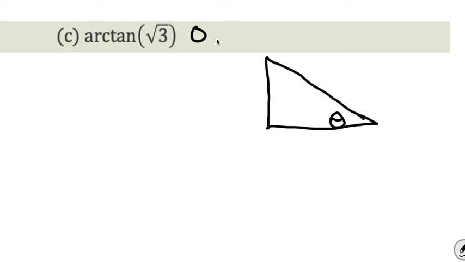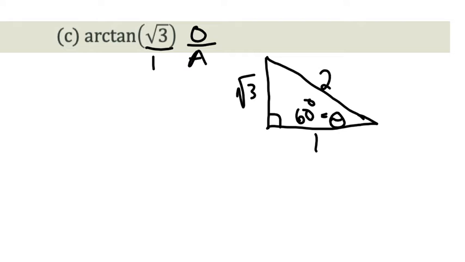So we could write this as square root of 3 over 1. Opposite would be square root of 3, adjacent would be 1, which means the hypotenuse is 2. And this angle here would be our 60-degree angle, which in radians would be pi over 3.